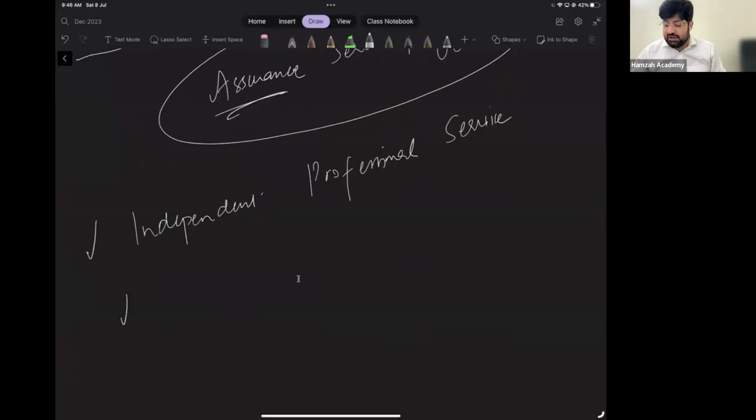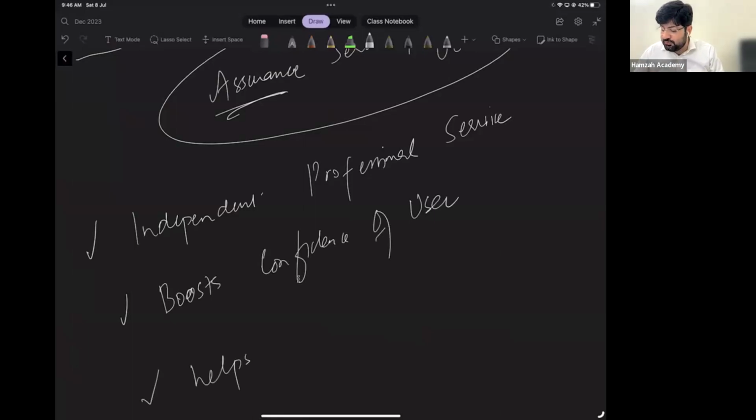Which actually boosts, my spelling may be mistake, please pardon me for that, boosts confidence of user and helps to make a decision.